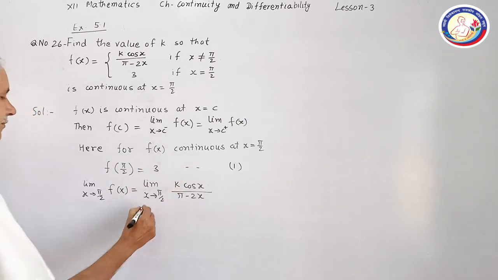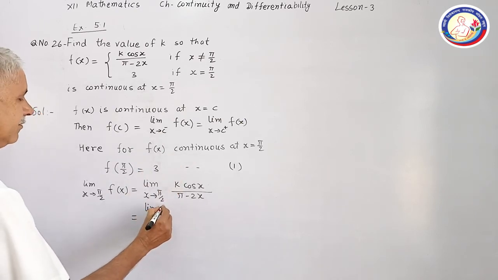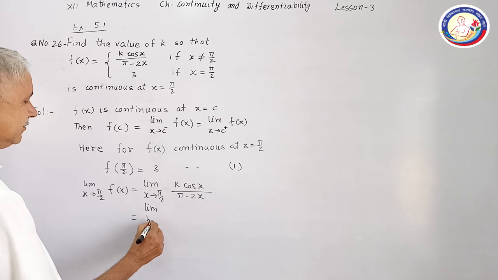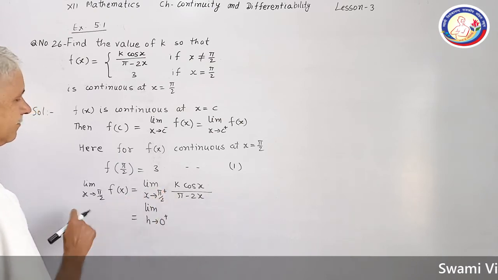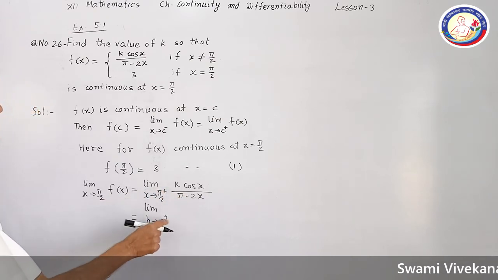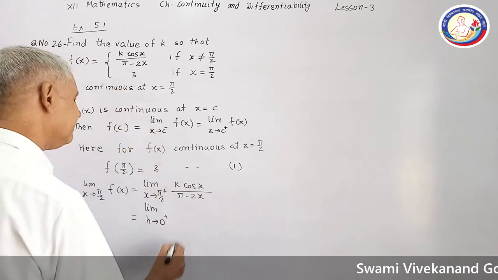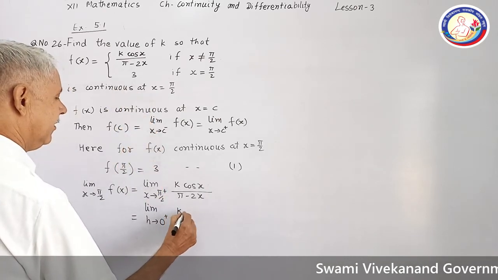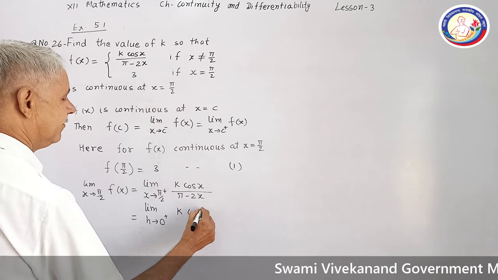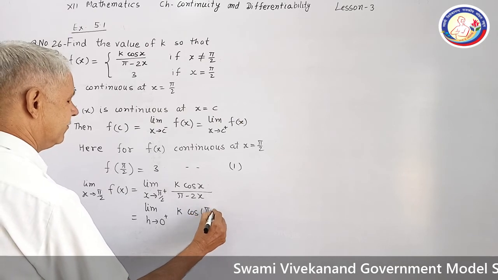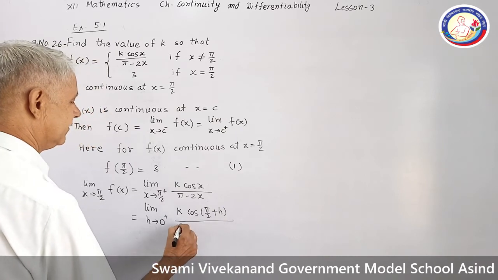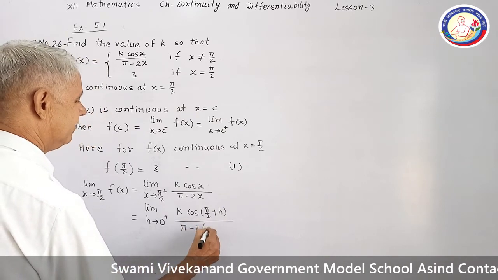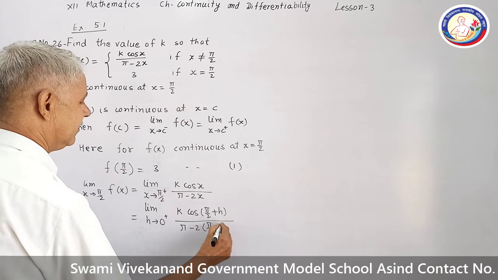We can write it as limit h tending to 0 plus, here it is the right hand limit, so I am writing plus, k cos of (pi by 2 plus h) divided by pi minus 2 into (pi by 2 plus h).